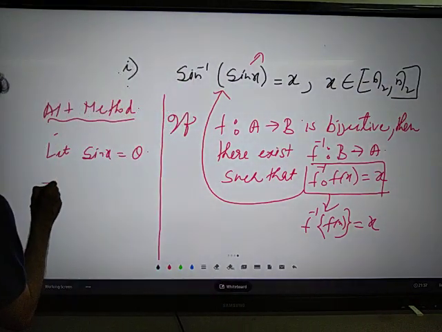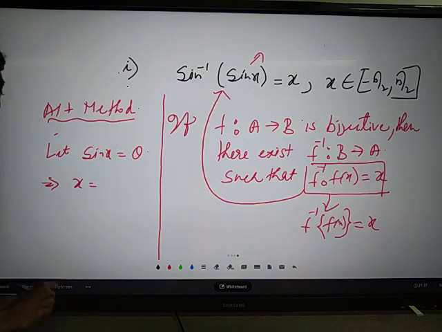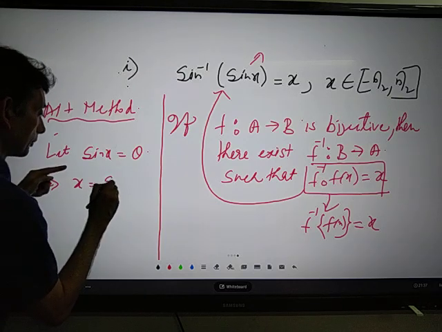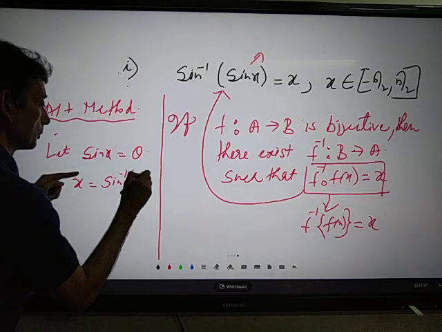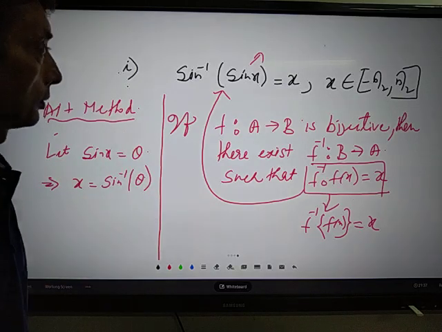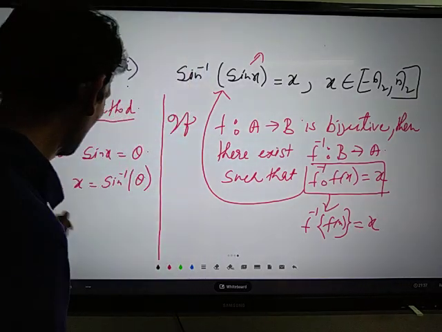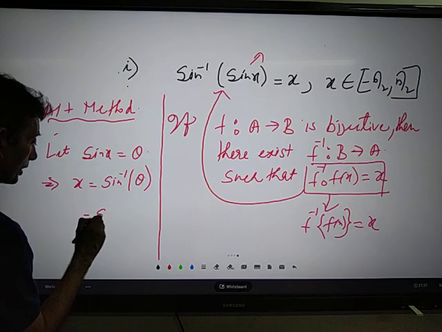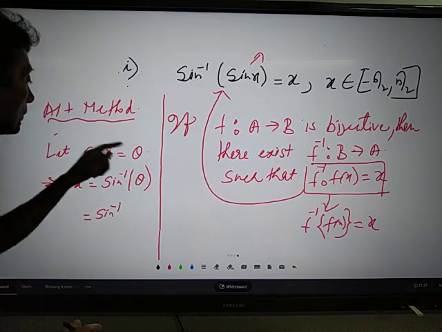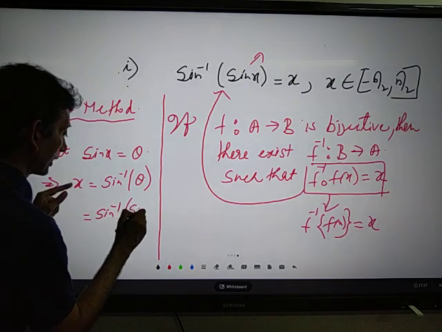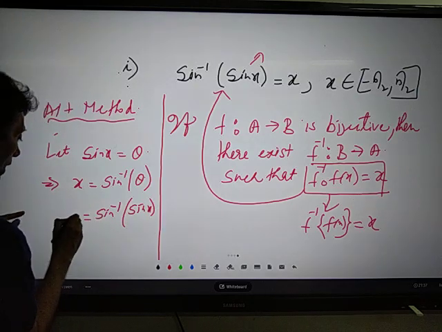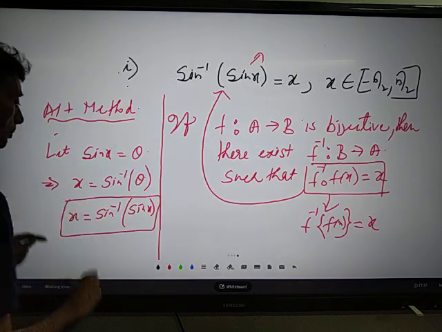So therefore we are in a position to write x equal to sine inverse theta. We can write x is equal to sine inverse theta, and what is the value of theta? Theta is sine x, so x is sine inverse sine x. Is it not a very simple method?